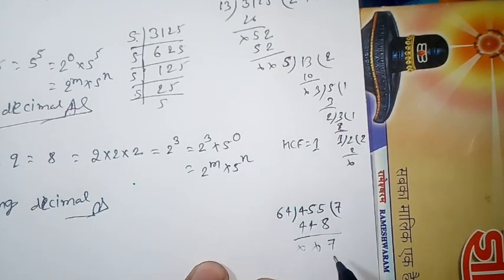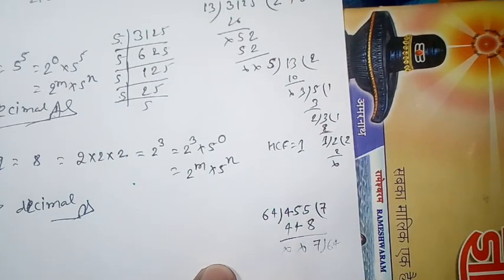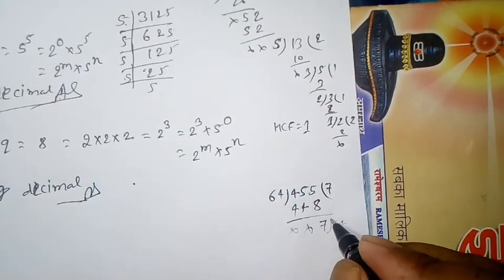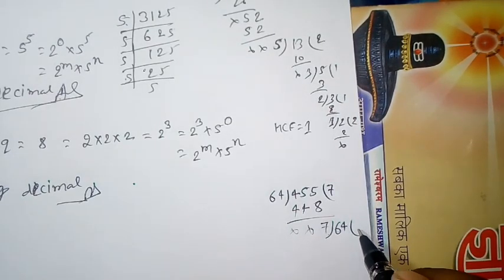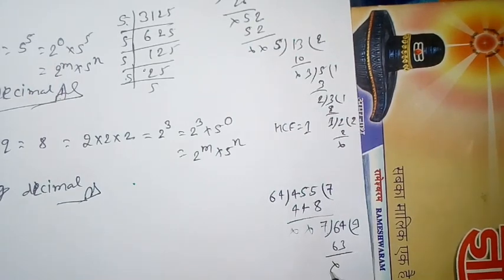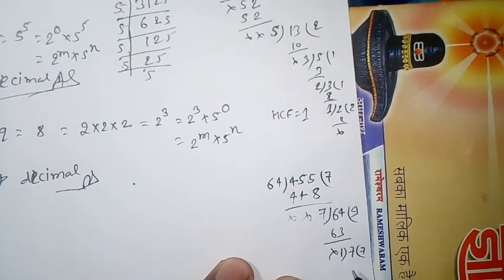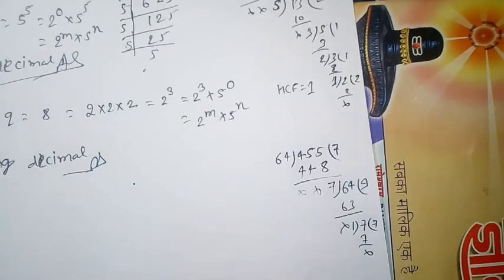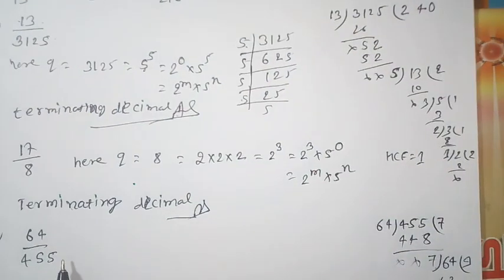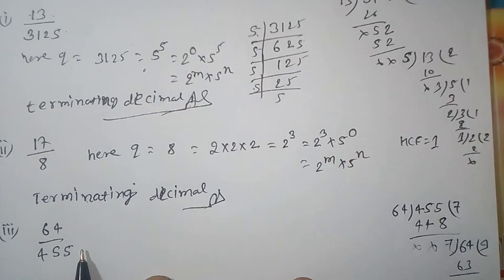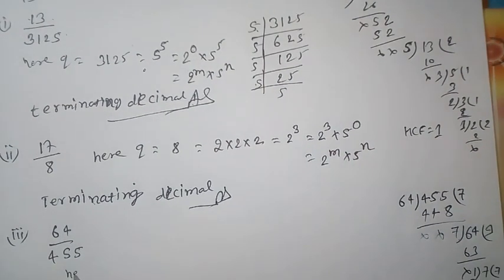Okay, now again 64 is divided by 7, 7 9 is 63, remainder 1. 7 is divided by 1 in 7 times 7, remainder 0. Therefore HCF is 1. So this rational number is also in simplest form.